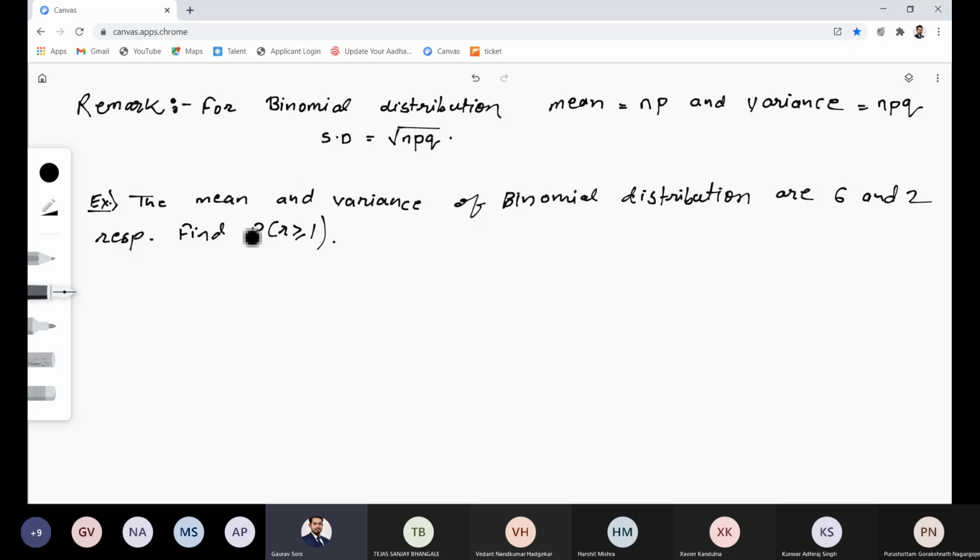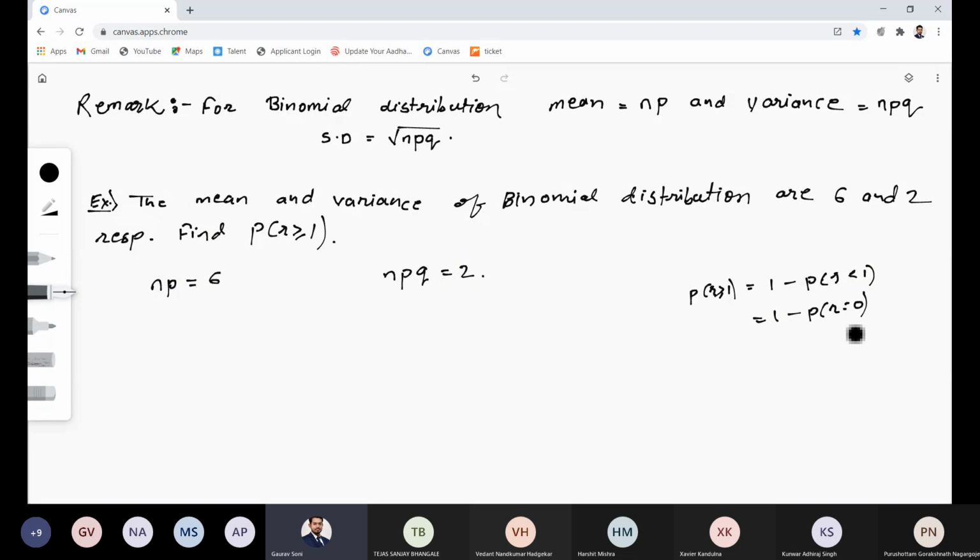So mean is 6, variance is 2, so NP is equal to 6, NPQ is equal to 2. Now if I want to find probability of R greater than or equal to 1, which is 1 minus probability of R less than 1, which is of course probability of R equal to 0.